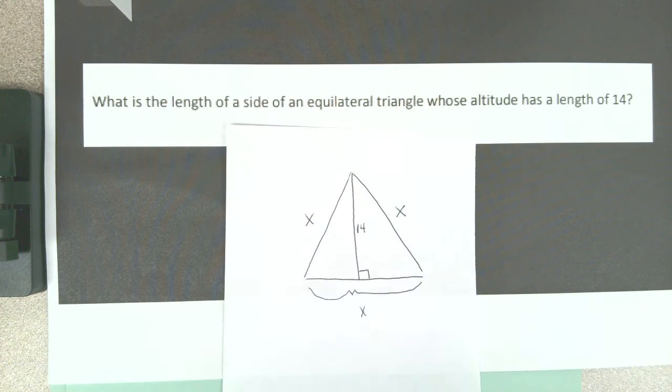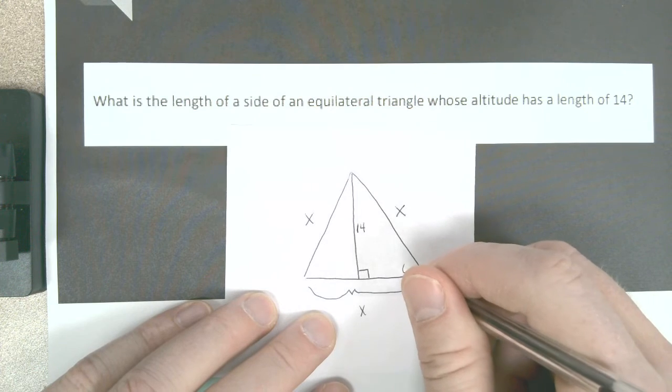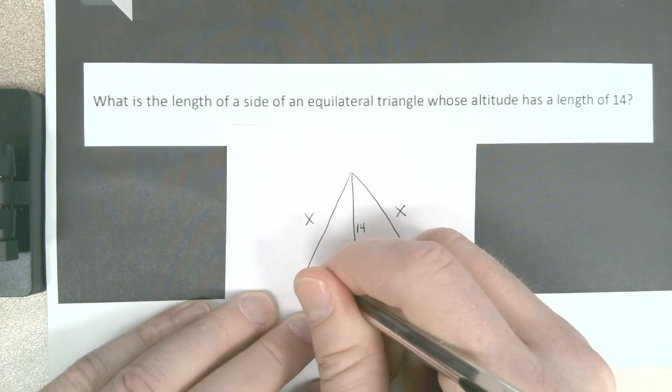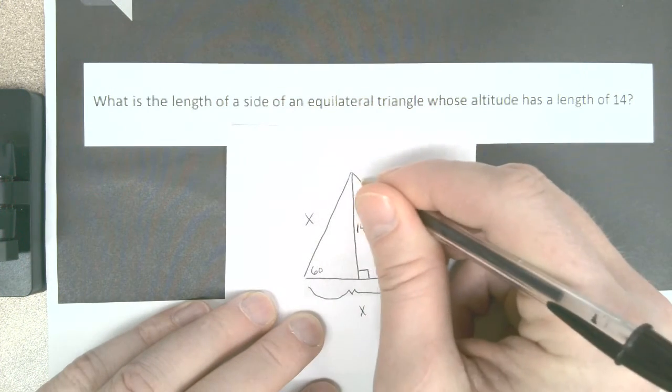Hopefully, as you look at this picture, again, equilateral triangle, what kind of angles do we have in an equilateral triangle? Anybody remember? Well, all three of the angles are going to be exactly the same. Go ahead. I think 60. Yes. So we've got a 60-degree angle, 60-degree angle, and the top angle is 60.